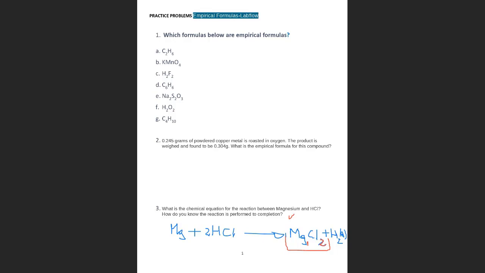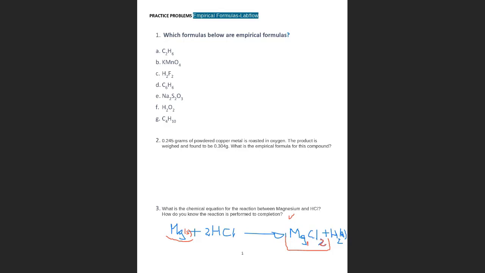And then it says, how do you know the reaction is performed to completion? Okay, two things. First of all, if you want the grams of the magnesium in the product to be equal to the grams of the metal magnesium before the reaction took place, you have to wait until all the magnesium is gone. Otherwise, your assumption is not correct. So one way is looking at your evaporating dish and make sure that all the magnesium solid disappears, is dissolved, and is converted into the product.